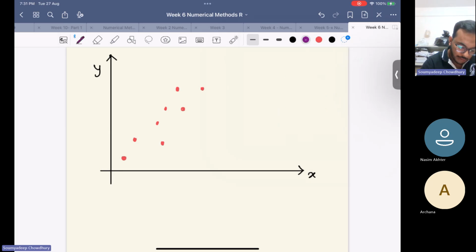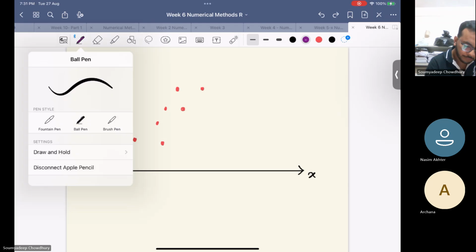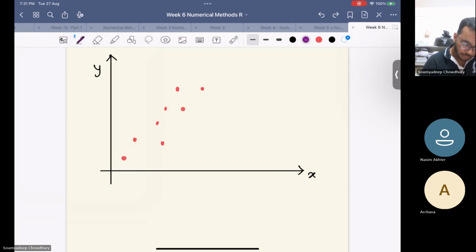Suppose I draw a line like this. This is one possible line. Another line is possible.